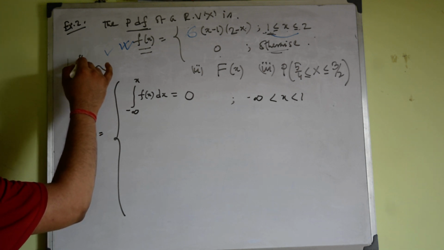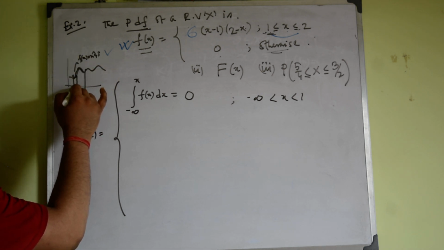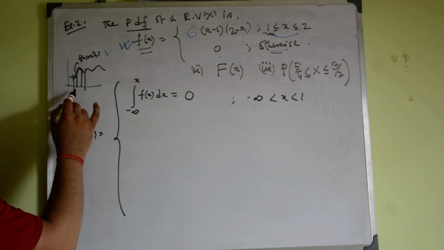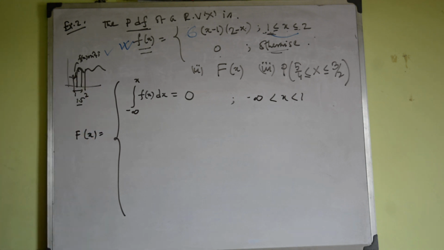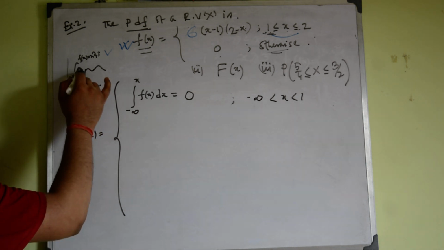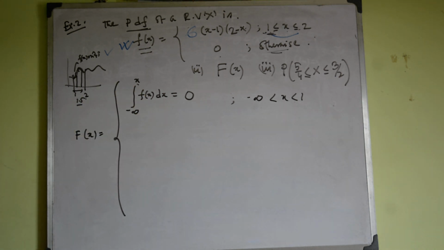Let's say the equation becomes f(x) equal to x cube plus 5. If you put the x value, you will get the corresponding value. So x lies between 1 to 2, but minus infinite to x, when you put x equal to 1 or 2, you will get different values. So that is why the upper limit must always be put in the form of x. It is a function of x.